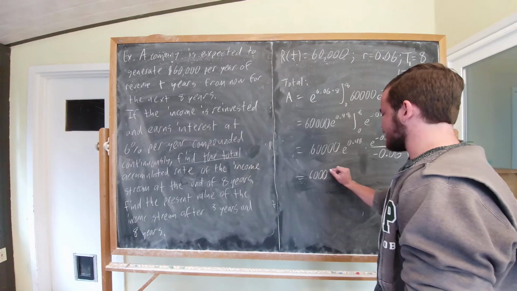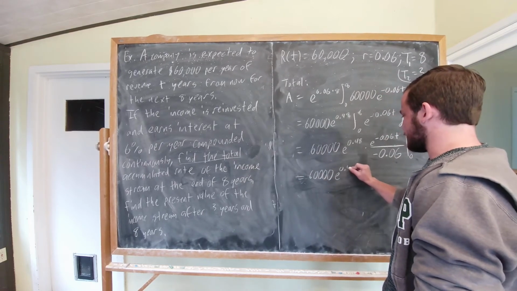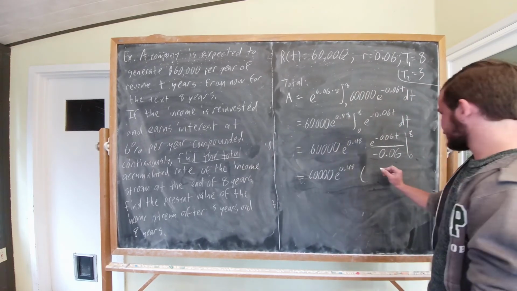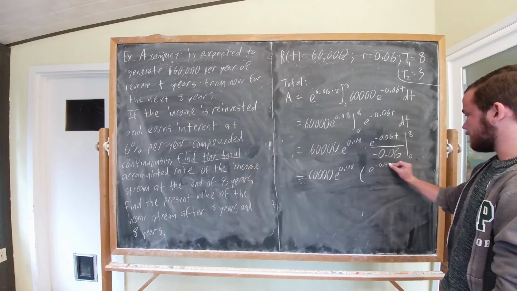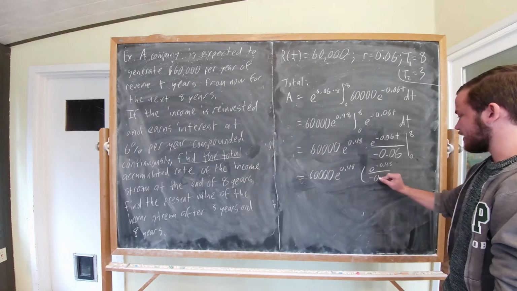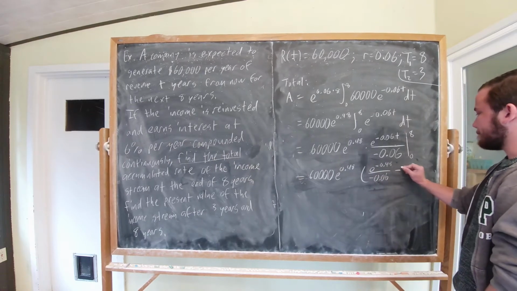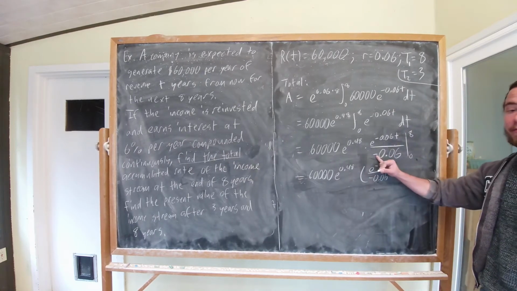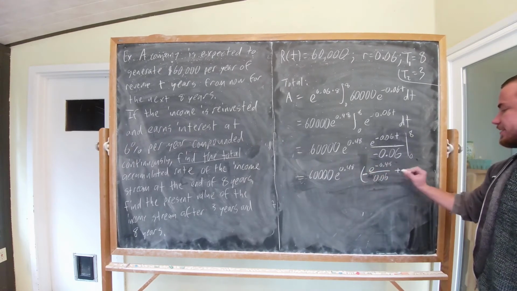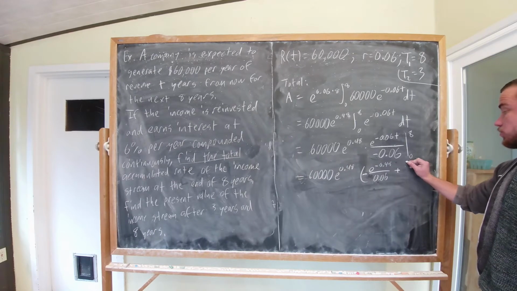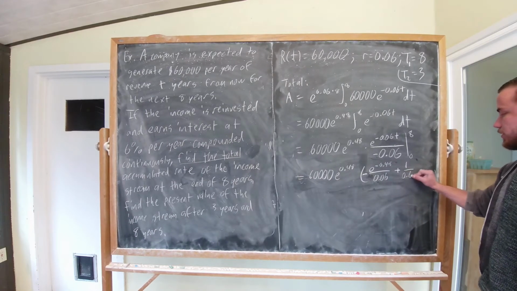It'd be 60,000 e to the 0.48 times e to the negative 0.48 divided by negative 0.06, plus, right, you're going to have minus a negative. So plus e to the 0th, which is 1, divided by 0.06.